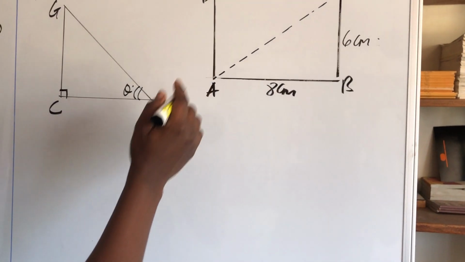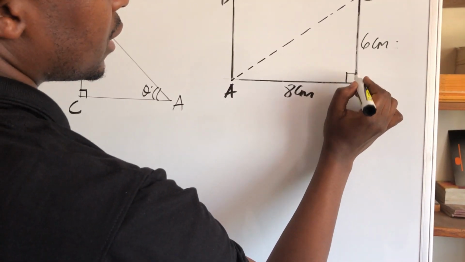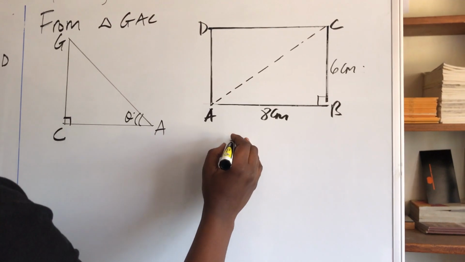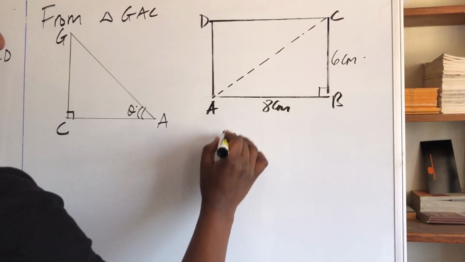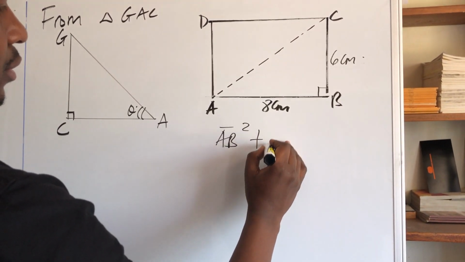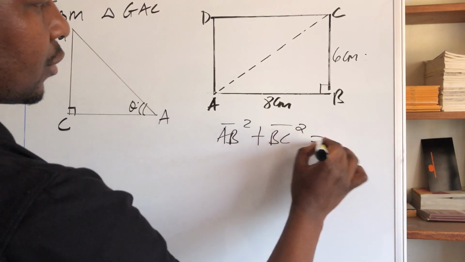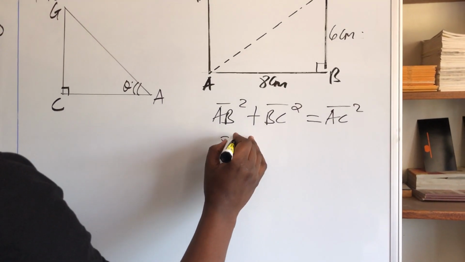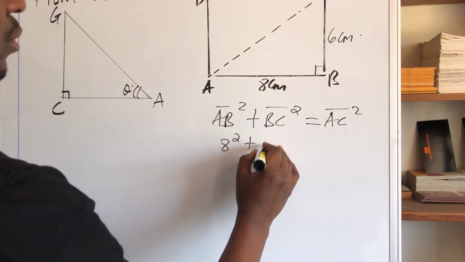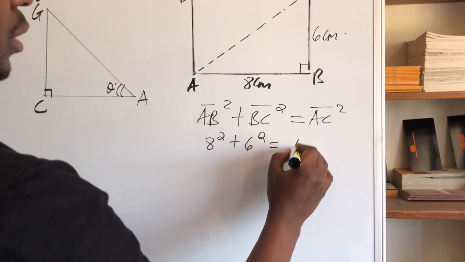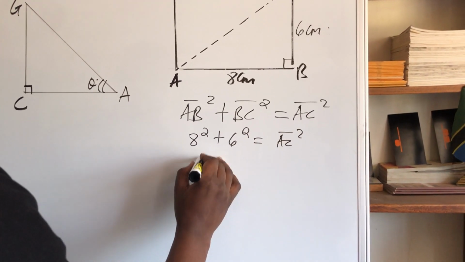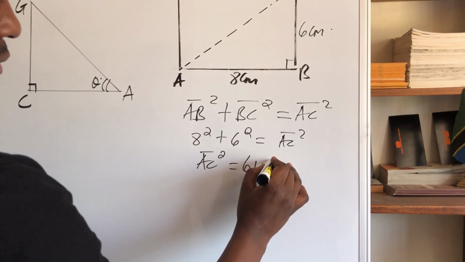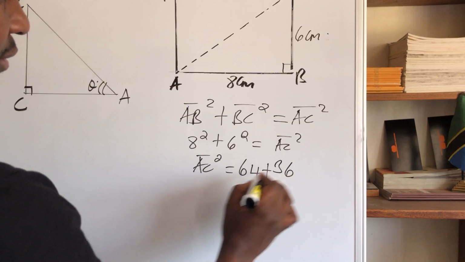Now we apply Pythagoras theorem to find AC, which is the hypotenuse. So by Pythagoras theorem, AB squared plus BC squared equals AC squared. AB is 8 squared plus BC, which is 6 squared, equals AC squared. 8 squared we get 64, plus 6 squared is 36.